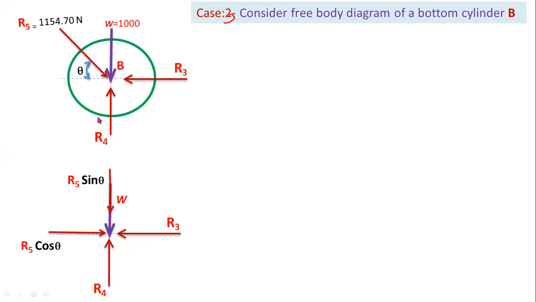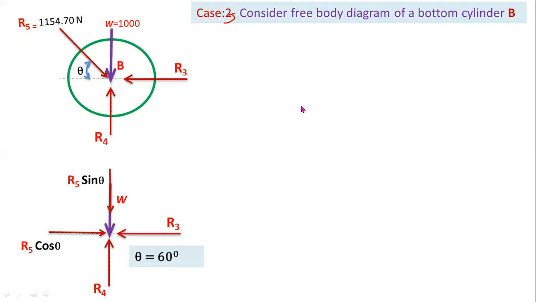For opposite sides you have to consider sin theta, R5 sin theta. So these are the 5 forces. From these 5 forces you have to determine the value of R3 and R4. Here R5 value is 1154.70. From case 1 we got the value of R5.